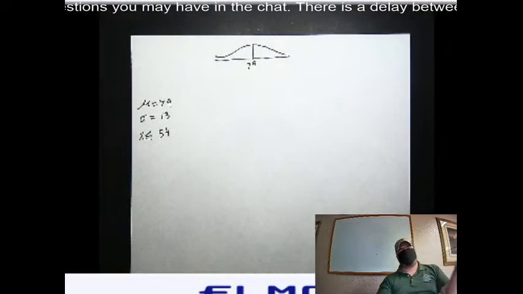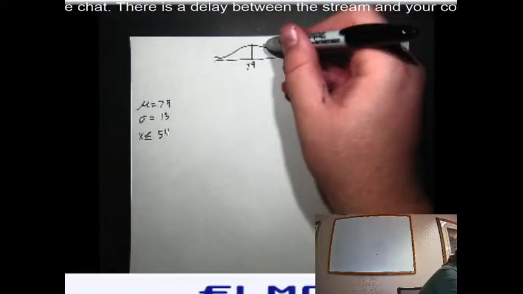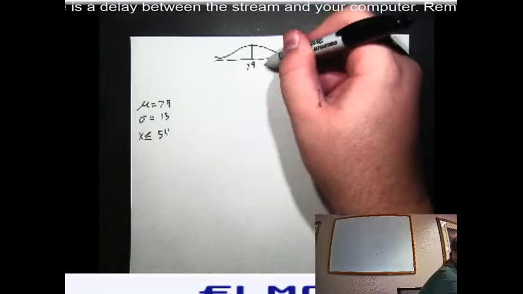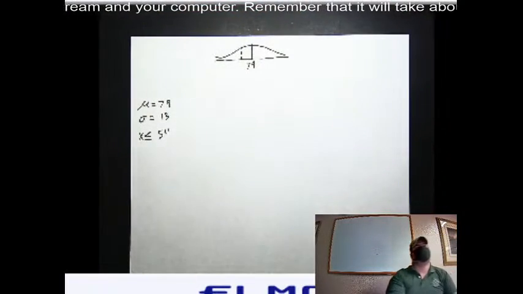Again, this is an x value, a data point that is below our mean. All the ones that we've been looking at so far have been somewhere over here. This one is somewhere around here.